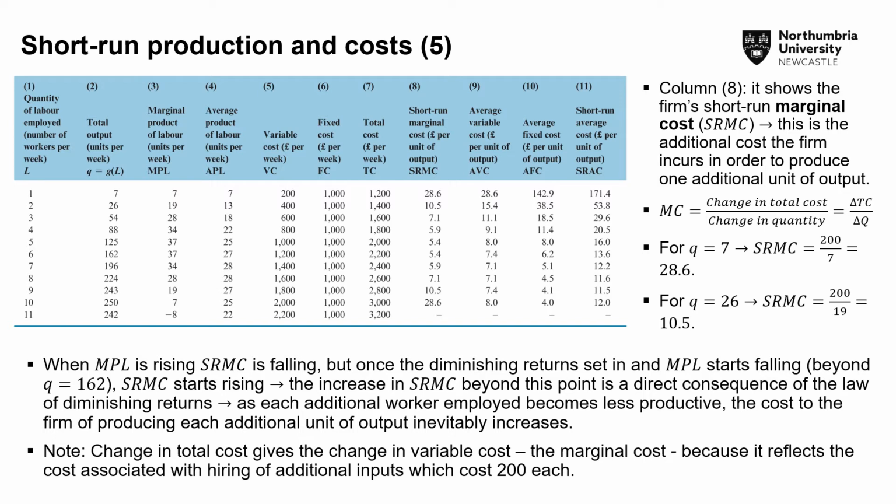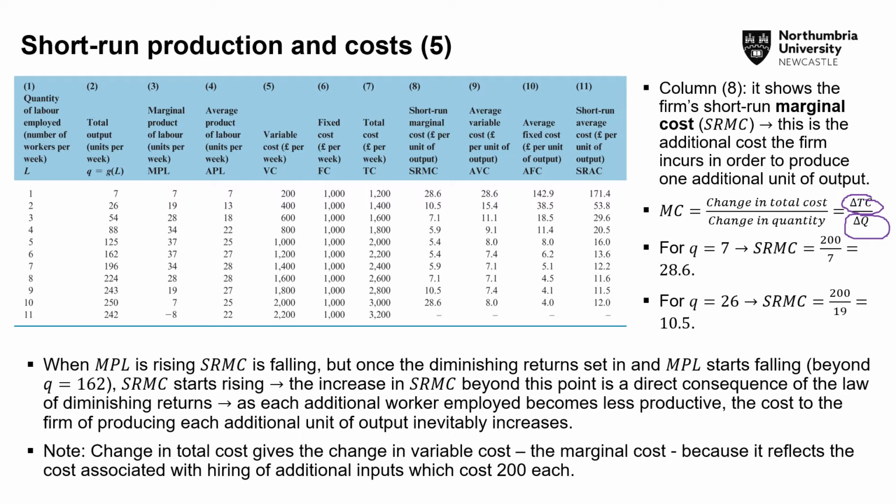We call it the short-run marginal cost because this is a cost that changes with the increase of output, which is related to a change in the short-term resource, because we need to hire more employees in order to produce more output. The formula for that is the change in the total cost divided by the change in quantity.